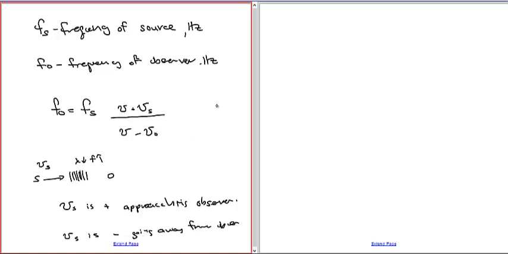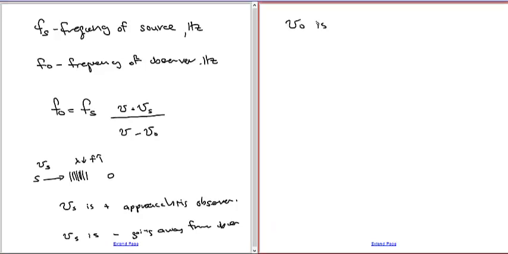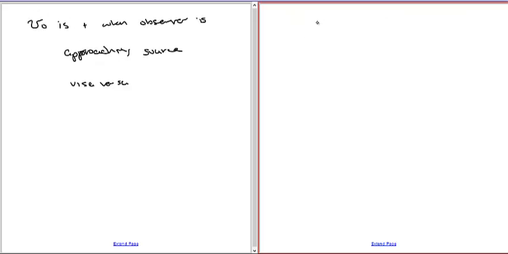So we're going to subtract, and that's when the V sub O is positive when observer is approaching source, and vice versa. Okay, so let's just think of a couple of scenarios. The simplest case is the velocity of the observer equals 0.